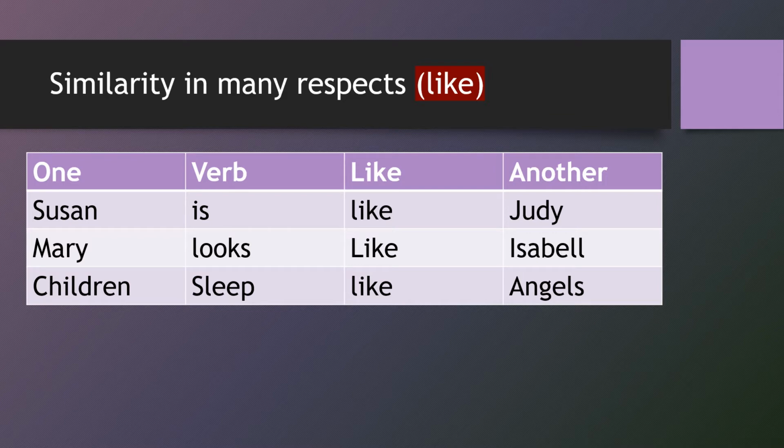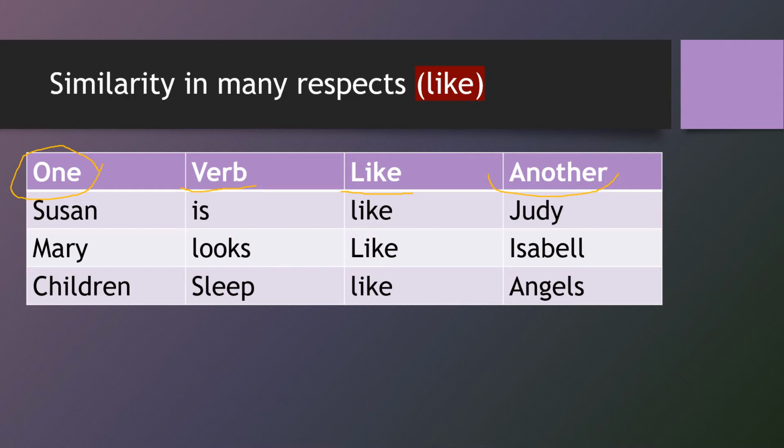Let's look at the structure. You mention the first thing, then you have the verb, then the tool "like", and then the other thing which you are comparing to. If you distinguish it from the next type, this one, when we mention it, is similarity in many respects.